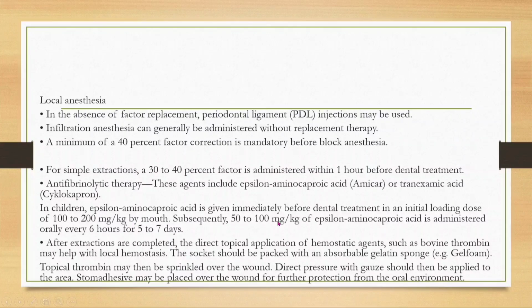After that, 50 to 100 milligram per kg is administered every 6 hours for 5 to 7 days. After extraction is done, direct topical application of hemostatic agents such as bovine thrombin can be used. Topical thrombin may then be sprinkled over the wound, or direct pressure with gauze should be applied to the area.